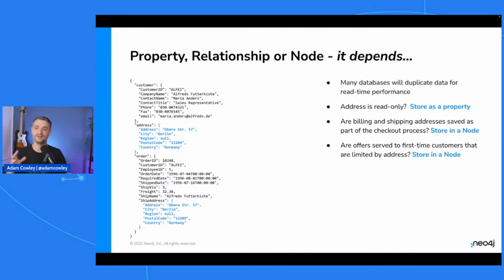But inside their T's and C's, it said that offer was only valid once per address. So what we would do then is we could save the address as a node. Then when the next order comes in, we could use a merge statement to find or create that node. And then we basically count the number of relationships going into it. If the number of relationships is 1, then that offer is valid. If it's more than 1, then sorry, you're going to have to pay full price.